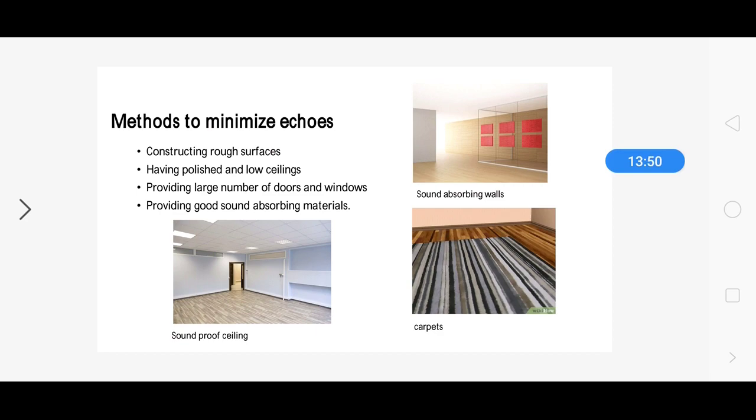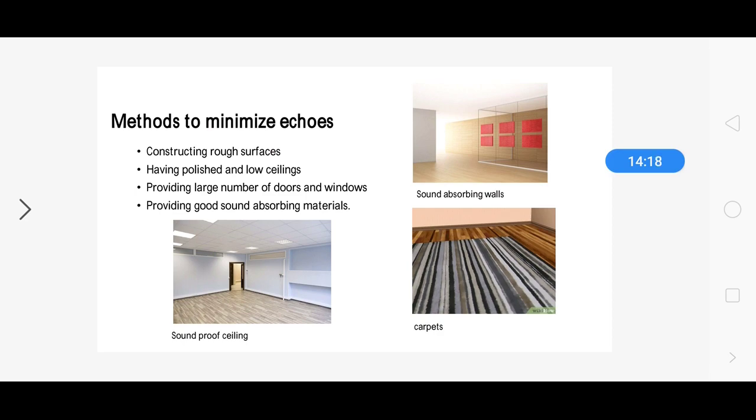If the surface is rough, most of the sound wave will be absorbed at the wall and only a very small amount will be reflected back. So by constructing rough surfaces, we can reduce the echoes.